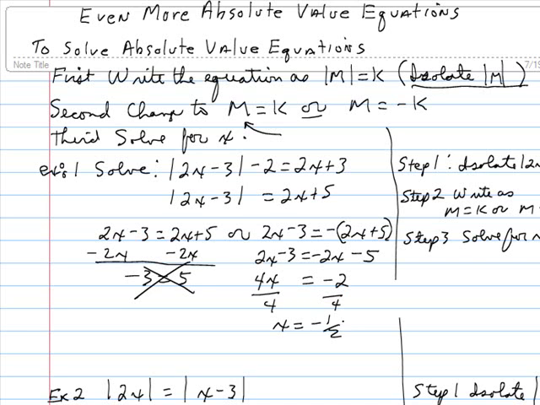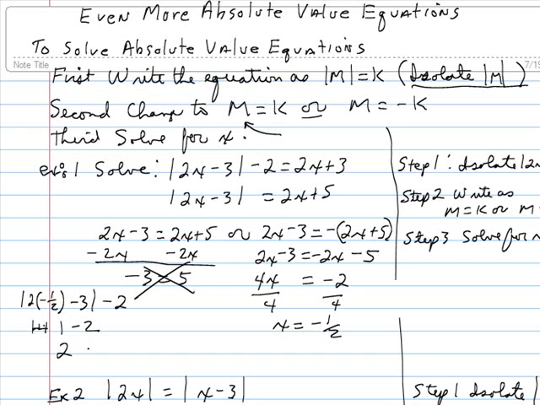Now, is that a legitimate solution? Well, let's try it out. Let's evaluate the absolute value of 2 times negative 1/2 minus 3, minus 2, and see what we get. Well, that's negative 1 minus 3, so that's the absolute value of negative 4 minus 2, so that's 4 minus 2, which is 2.